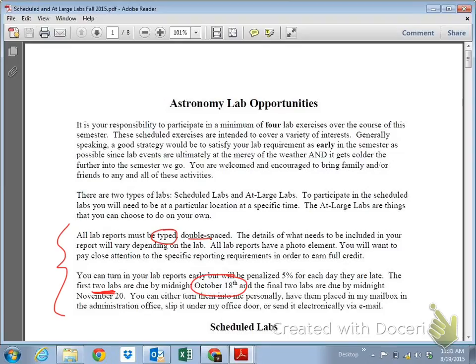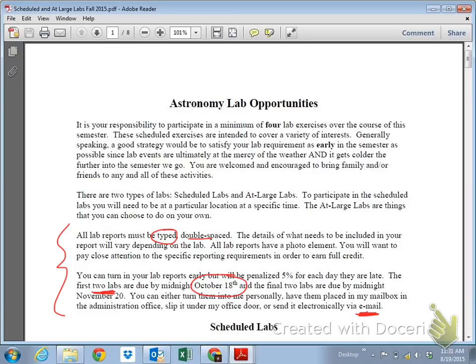Now, these could lend themselves to emailing them to me. In that same paragraph, I say you can definitely email me your lab reports. So 2 are due by then. Can you complete all 4 prior to that and send them to me? That'd be awesome.